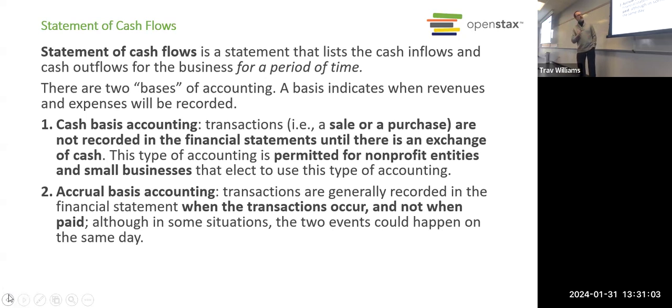Now, there are some companies that use cash accounting. And in cash accounting, your statement of cash flows would be the same as your income statement. Because in cash accounting, you only count the sale when you actually get the cash, and you only count an expense when you pay for it.